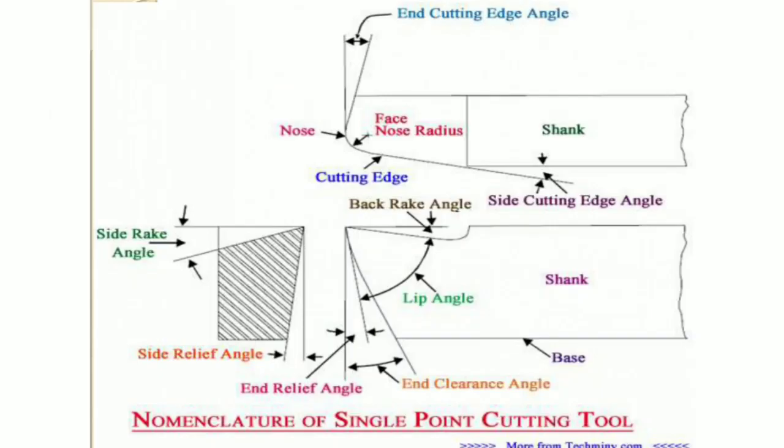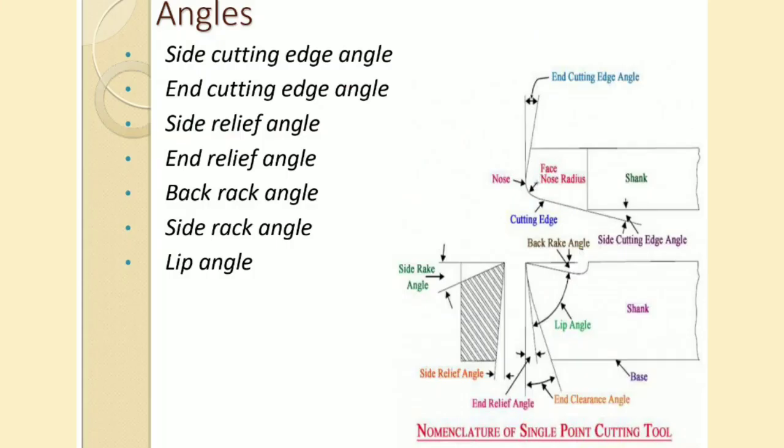Due to this, more heat will be produced. To avoid this, angles like relief angle, clearance angle and rake angle are given to your tools. We will see those one by one.